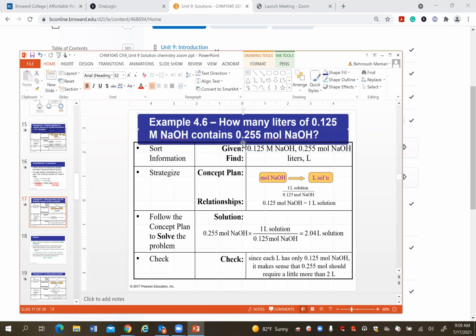Okay, how many liters of 0.125 molar sodium hydroxide contains this many moles of sodium hydroxide? Can you give an answer without solving this problem?